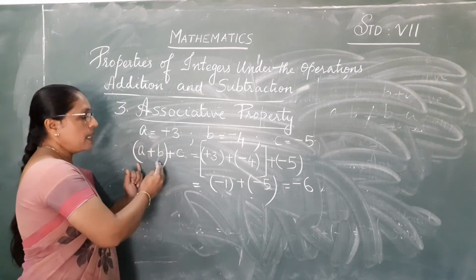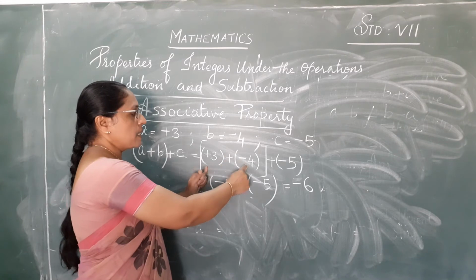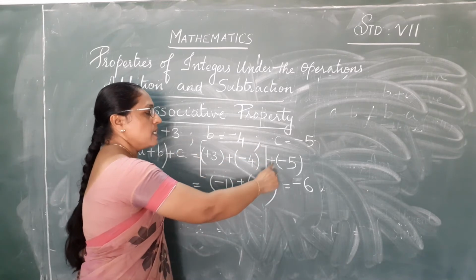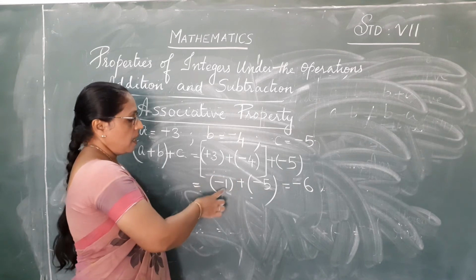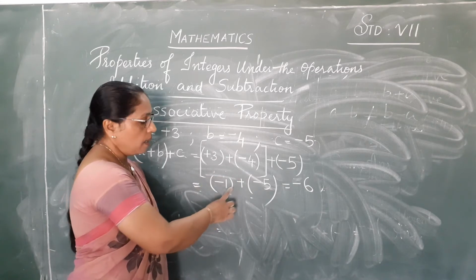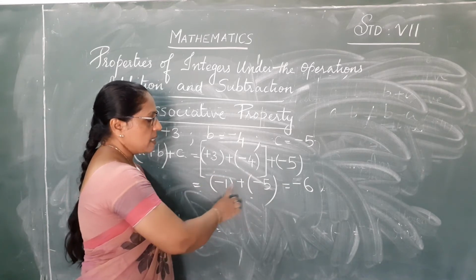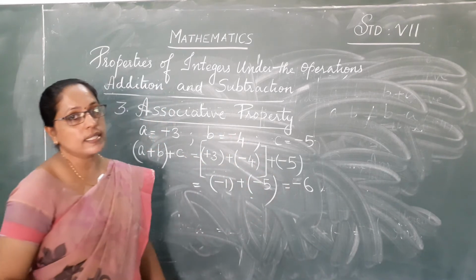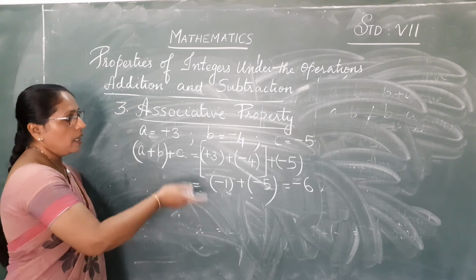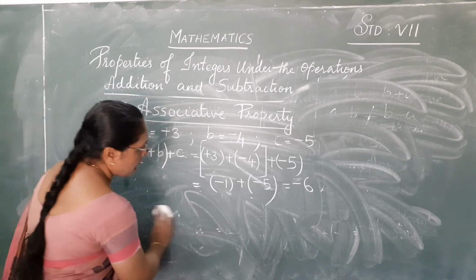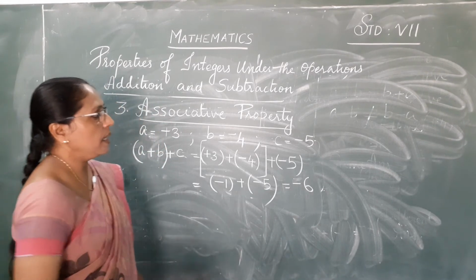So positive 3 plus negative 4 grouping, plus negative 5. Here we applied the rule of addition. Answer came negative 1 plus negative 5. Same sign, add. Answer is negative 6. This is done by one way of grouping. Now I am going to do the second way of grouping.